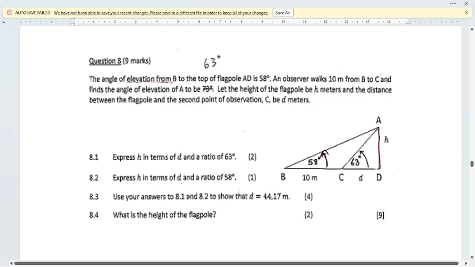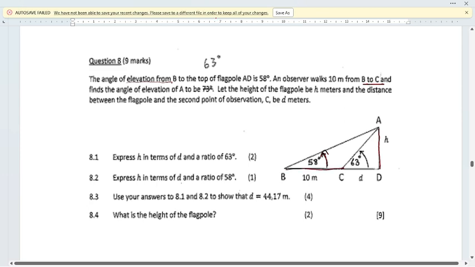Now, an observer walks 10 meters from B to C. The observer moves towards the pole, closer to the pole, then after moving towards the pole, stops at C. That is the distance from here to here.